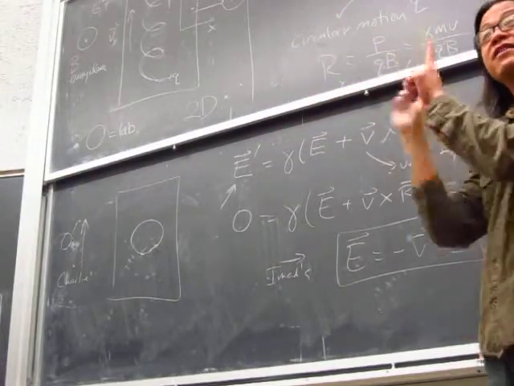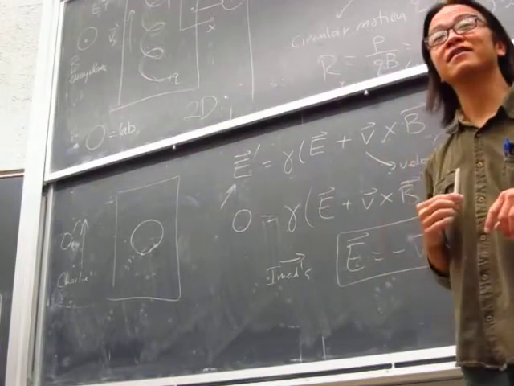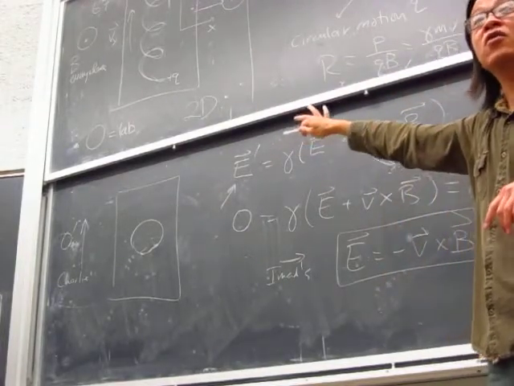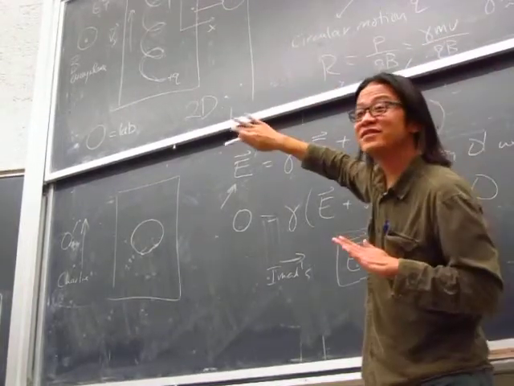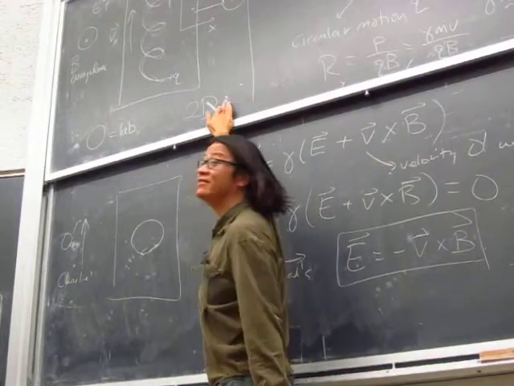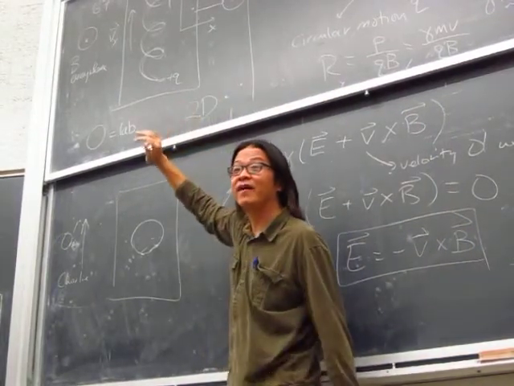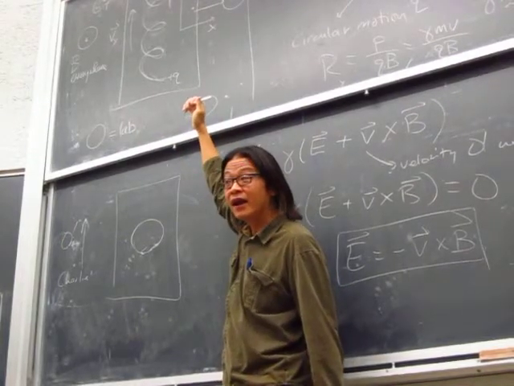But in that case, you have a spiraling like that going like that. It's a helix. Is that what this is? No, this is completely 2D. The electron never leaves the plane. Okay. The electron is always on the plane. Okay.